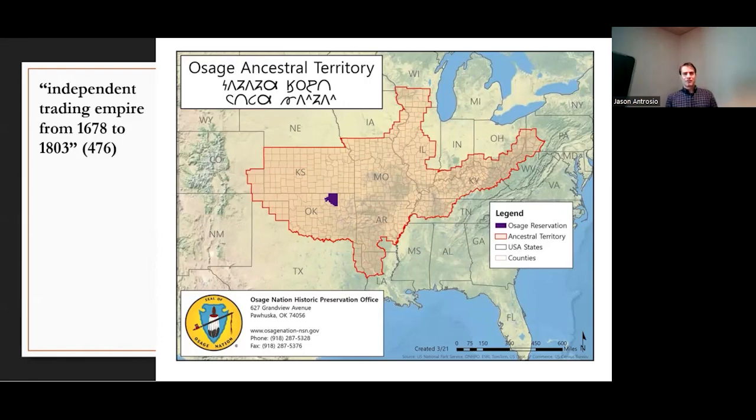And one of the reasons I want to highlight that is that this is 200 years after Columbus, and you still have these very independent indigenous communities commanding large areas and having an independent trading empire.